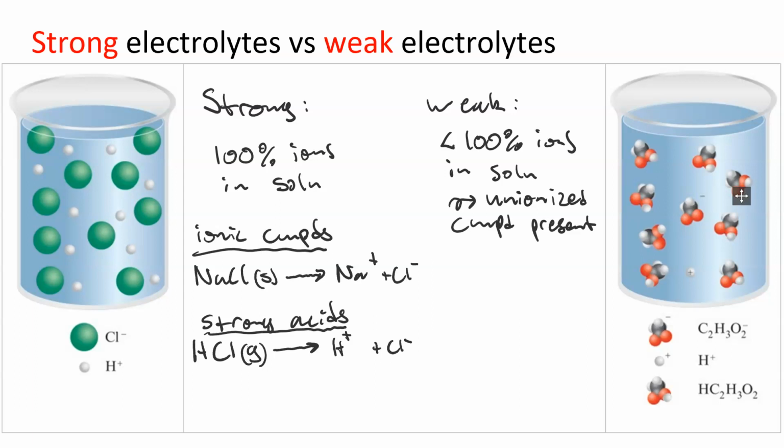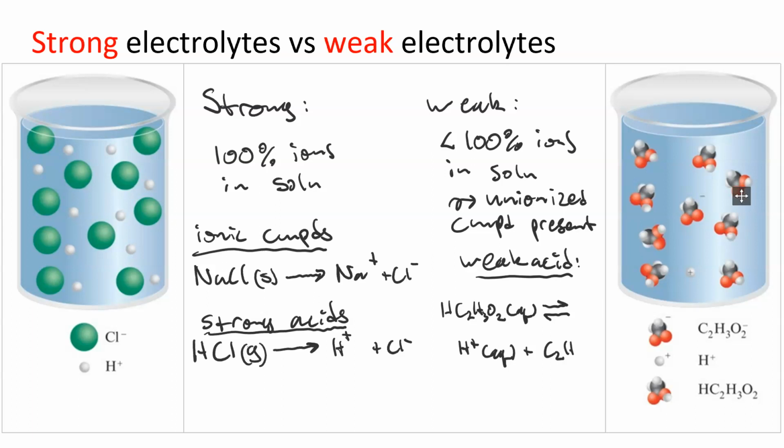An example of this is a weak acid, like acetic acid, HC2H3O2, and we use a double-headed arrow to give us some H+ and some acetate ion, C2H3O2-, as you can see in this picture.